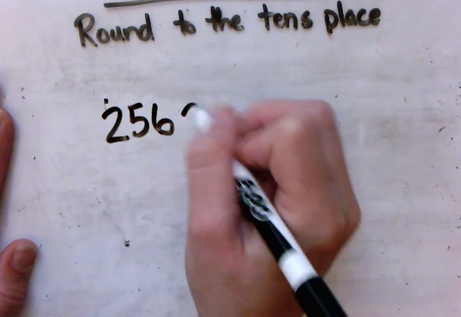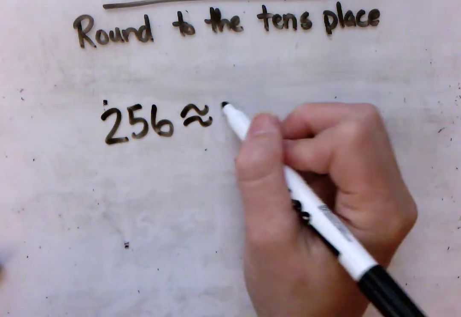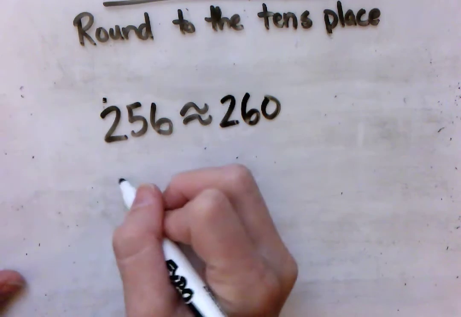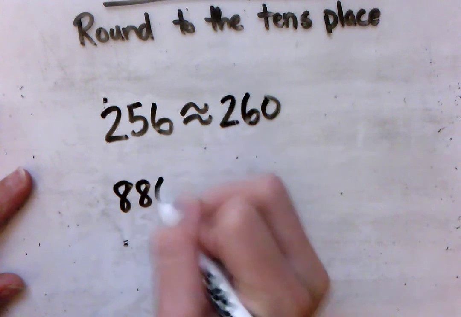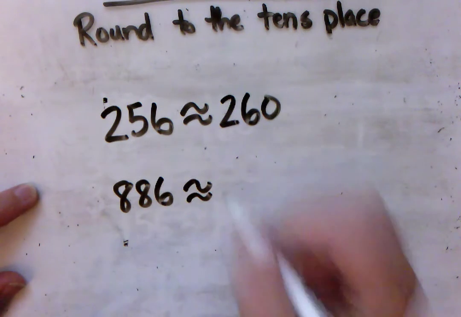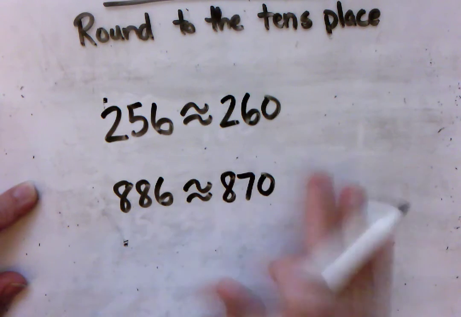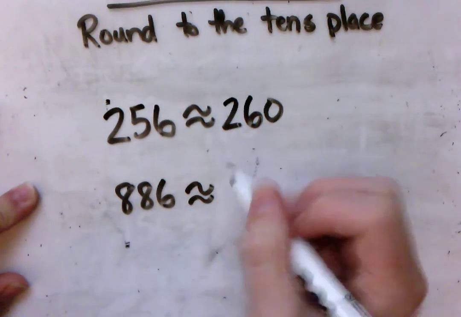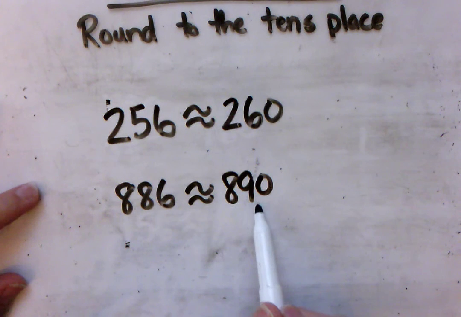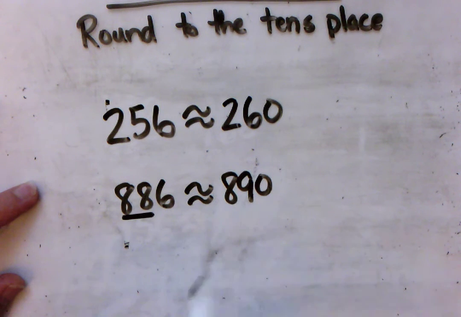256 rounds to 260, and 886 rounds to 890, or 89 tens, because we're rounding to the tens place.